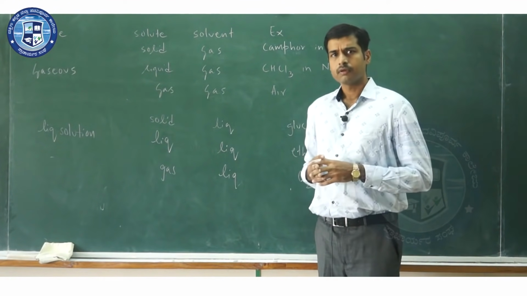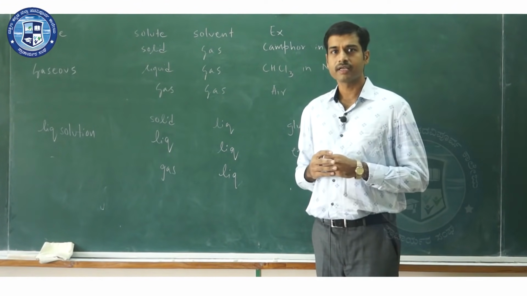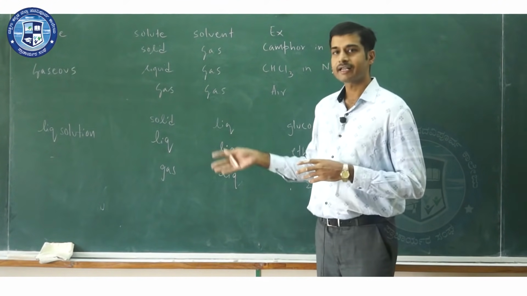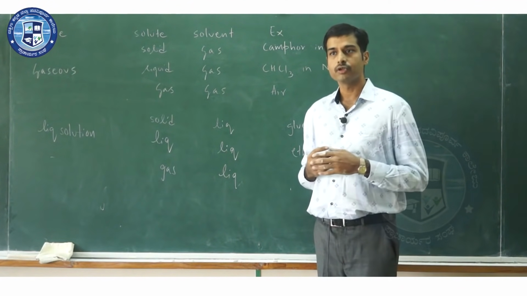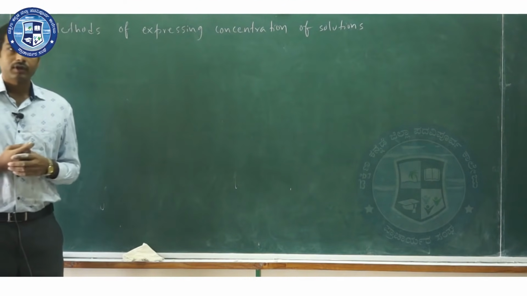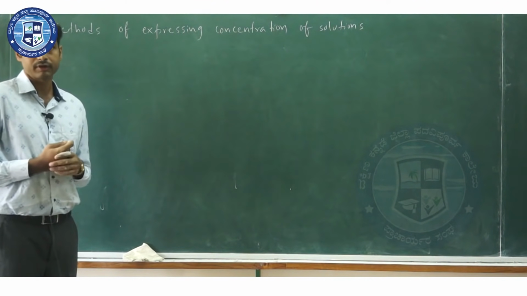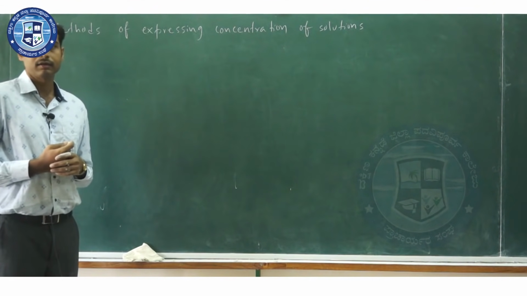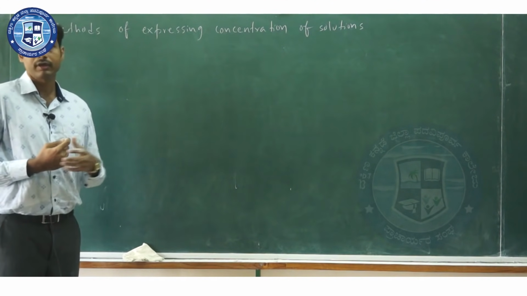So what we have done till now is introduce solutions, understand some of the basic terms like solute and solvent, and go through the different types of solutions, basically solid solutions, liquid solutions and gaseous solutions. It is very important that you understand the composition of a solution, and there are several methods to understand how much of the solute is dissolved in a solvent.